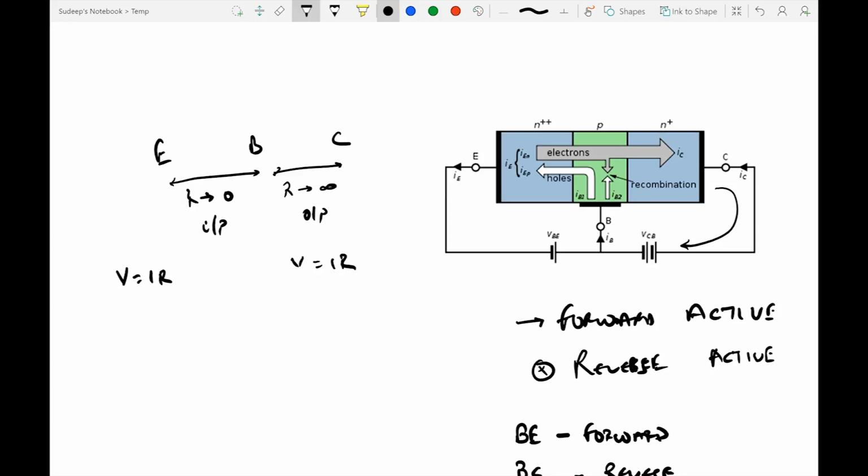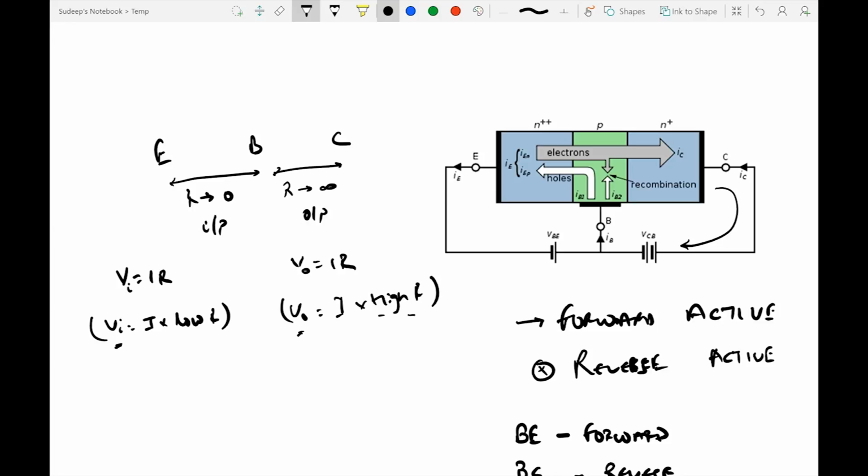Now the input voltage, VI, is the same current I into a very low resistance, whereas the V out is the same current into a high resistance. So obviously for a given value of V input, the V out is going to be very high because of the higher resistance offered at the base collector region.